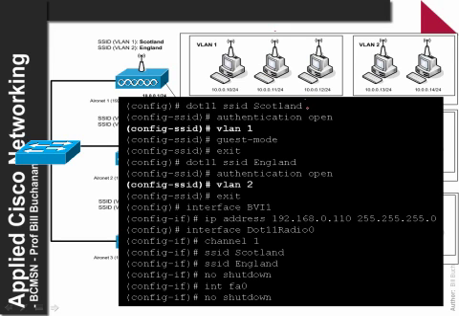On a wireless access point, we can define the SSID that we're going to allocate. In this case we have an SSID of Scotland. We assign that to VLAN 1, and for England we assign it to VLAN 2.